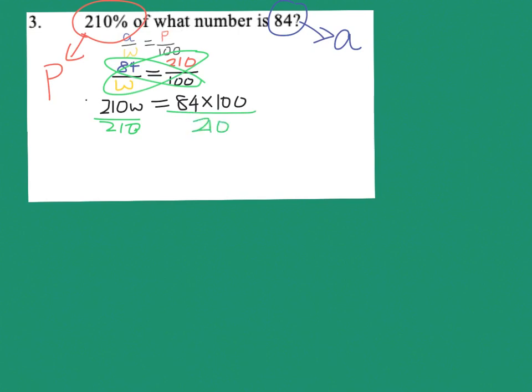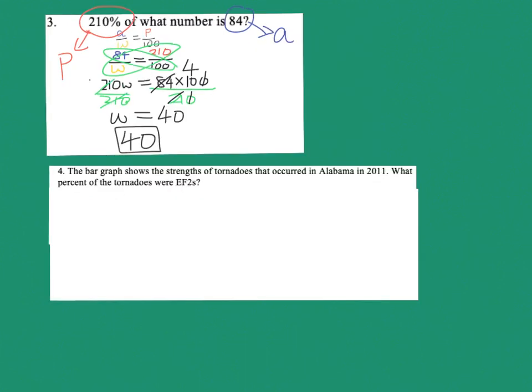And the left hand side is simplified to only W. And on the right hand side, you can divide both numerator and denominator by 10. And 84 is divisible by 21 to give you 4. So 4 times 10, that is 40. So 210% of 40 is 84.